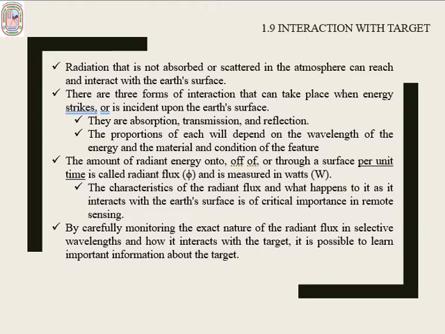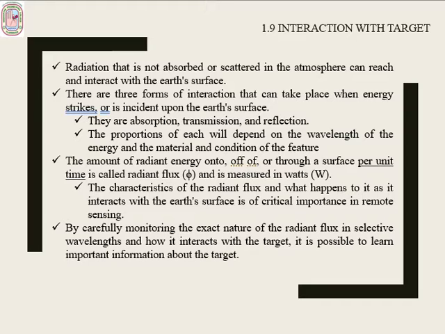Here, the proportions of each will depend on the wavelength of the energy and the material and condition of the feature. The amount of energy radiant onto or off of or through a surface per unit time is called radiant flux, phi, and is measured in watts.